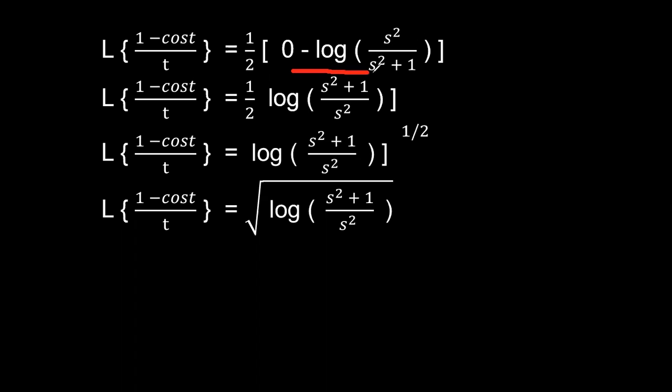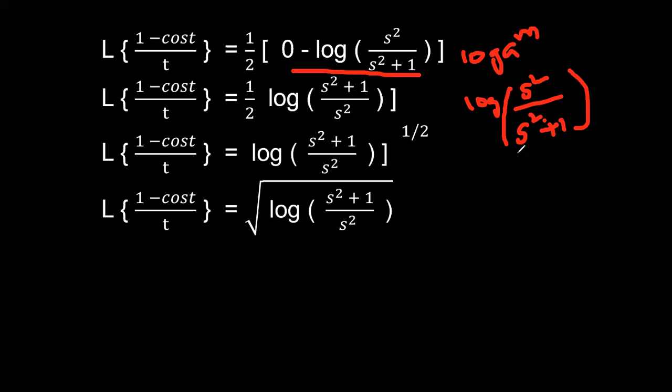So simplify this one. Minus log s square by s square plus 1 is nothing but minus 1 into log a. So it can be converted as log a power m. The log of s square by s square plus 1, whole power minus 1, because before the log you have the minus term.